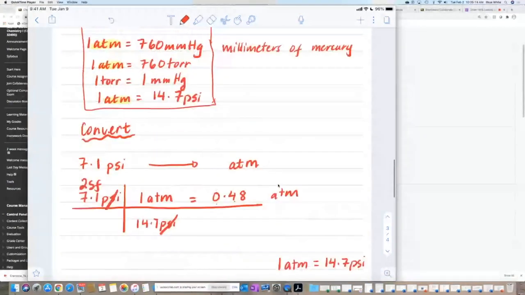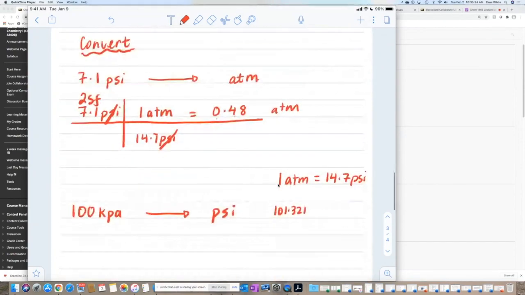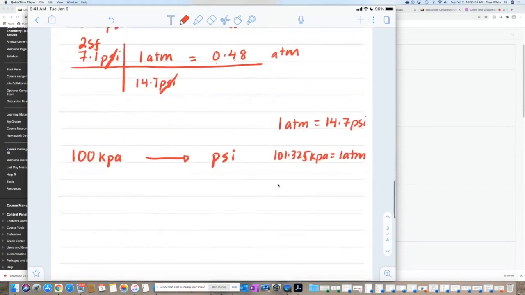We also need a conversion that has kilopascals in it. So I have the other one that's 101.325 kilopascals. This is equal to 1 atmosphere. So I go to my list and find the conversion that has kilopascals in it and the one that has psi, and I pull them to the side.